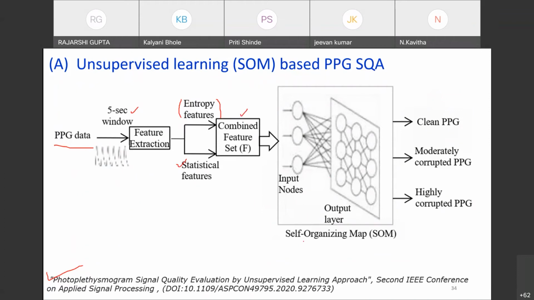And this is a self-organizing map. I think you are familiar with this self-organizing map. And from this self-organizing map, we classified the data as clean, moderately corrupted, or highly corrupted. Okay, so this was one work that got published in an IEEE signal processing conference.